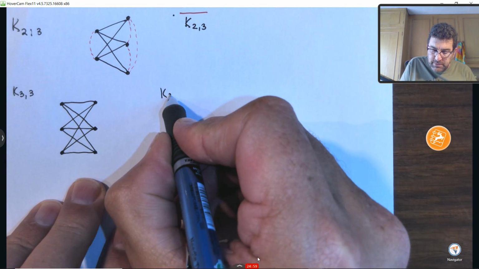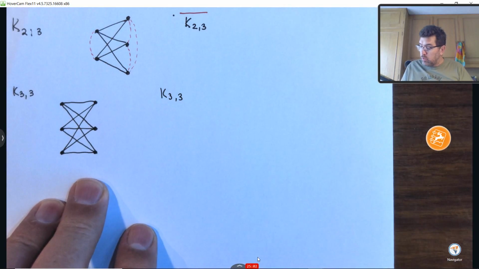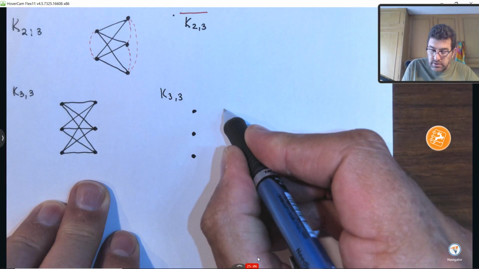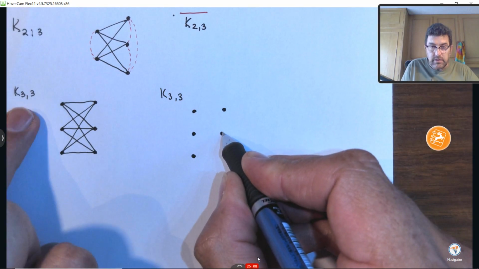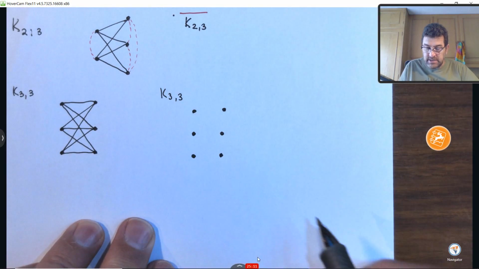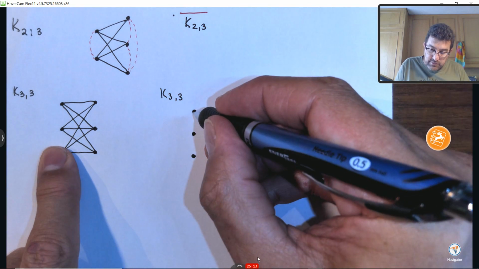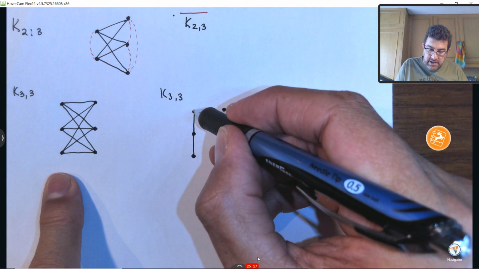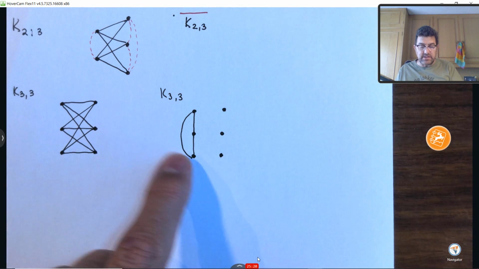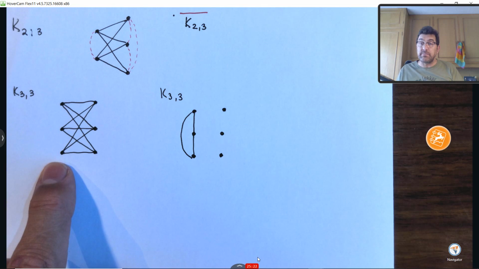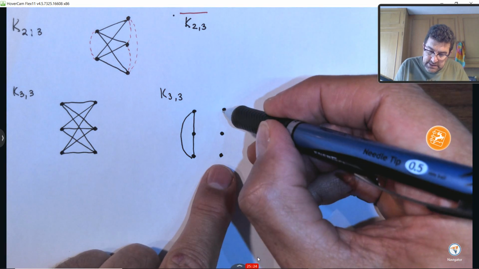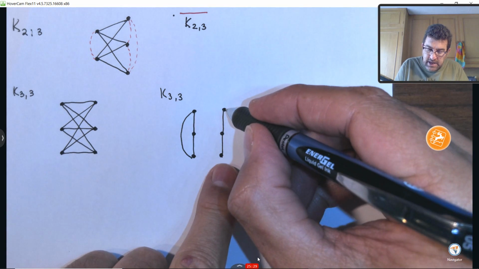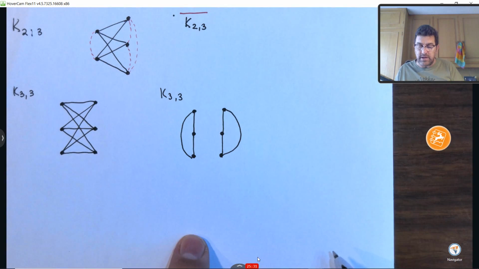Now the complement of this will contain those sides that are not in the complete bipartite graph as it lies over there. So first of all, this adjacency is not there. And then that side that joins 1 and 3, makes them adjacent, is also not there. Same here, there and there is not in this side, and that one is also not there.